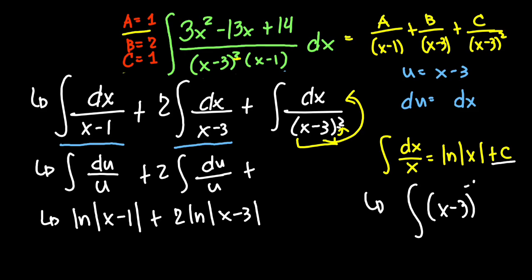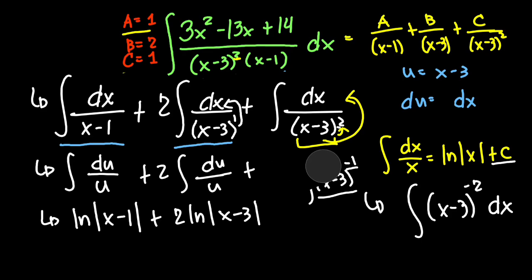So this would be negative 2 of dx. The reason that we can do this with an exponent is that whenever you don't have an exponent, it is always equal to 1. And so this would be the integral of x minus 3 raised to the power of negative 1. You cannot integrate something that has a power of negative 1 because of power rule limitations.